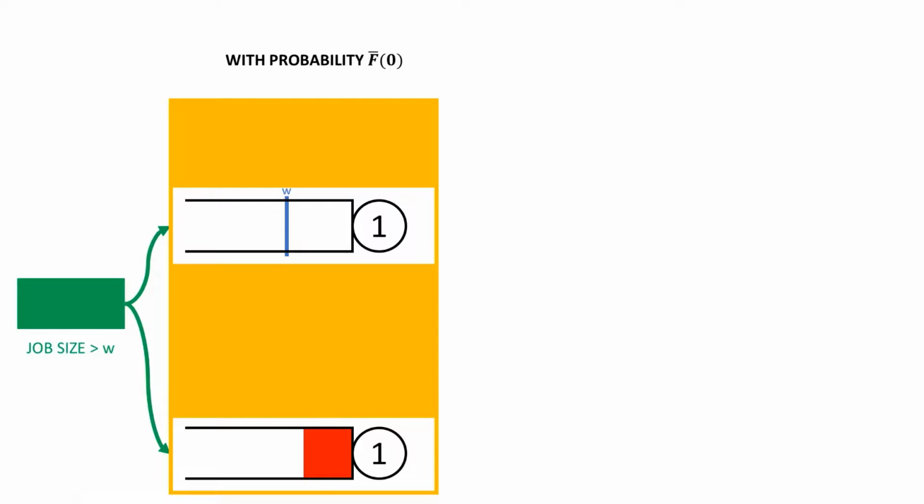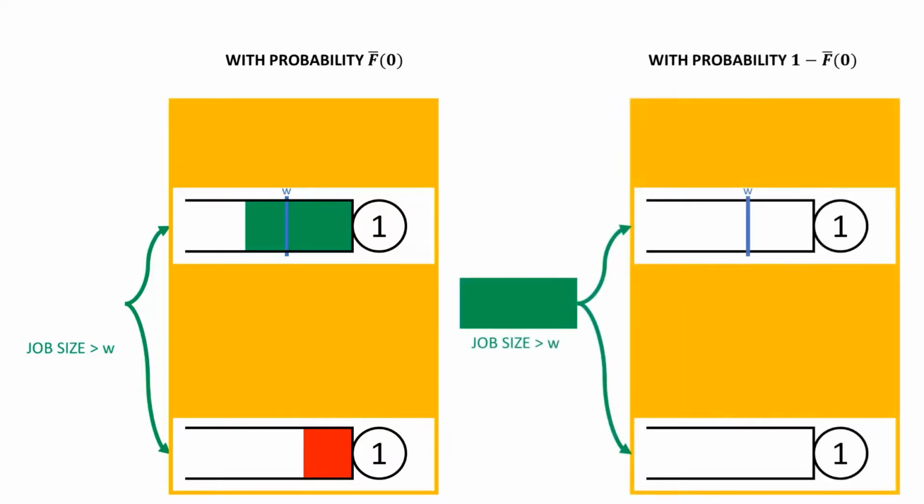And if the job size was greater than W, we have an upcrossing over the workload level W. In the second case, the second queue we select may be empty. In this case, we have a 50-50 chance to assign the incoming job to the cavity queue. And you would then have an upcrossing if the incoming job has a size which exceeds W.